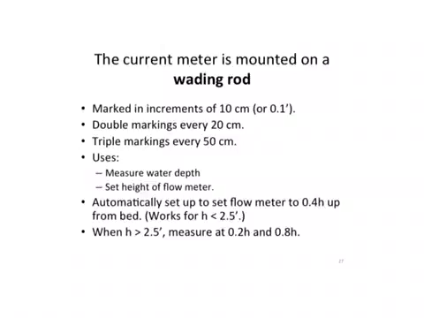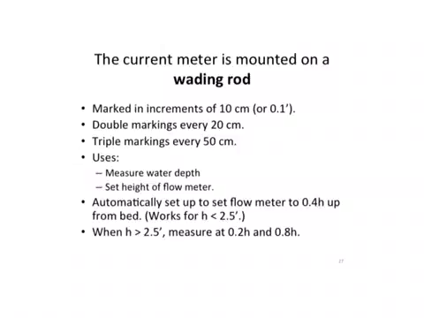You have double markings every 20 centimeters, triple markings every 50 centimeters. This just makes it easier for you to stick it into the stream and be able to tell pretty rapidly what the water depth is. It's a very neat instrument because it's easy to set the flow meter to 0.6 of the way down the water column or 0.4 of the way up the water column.